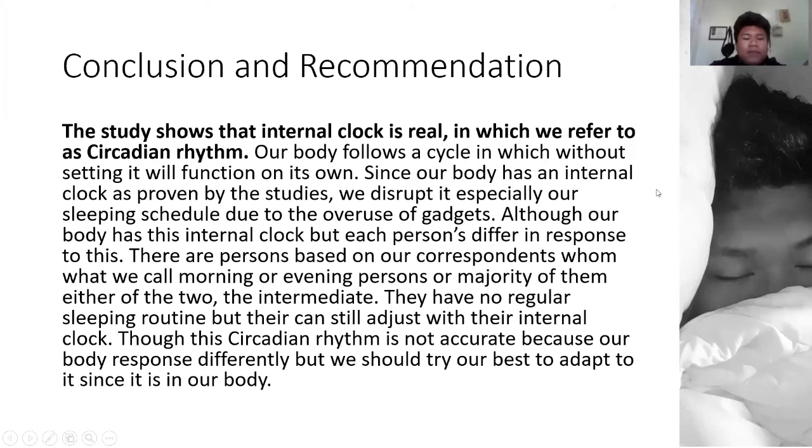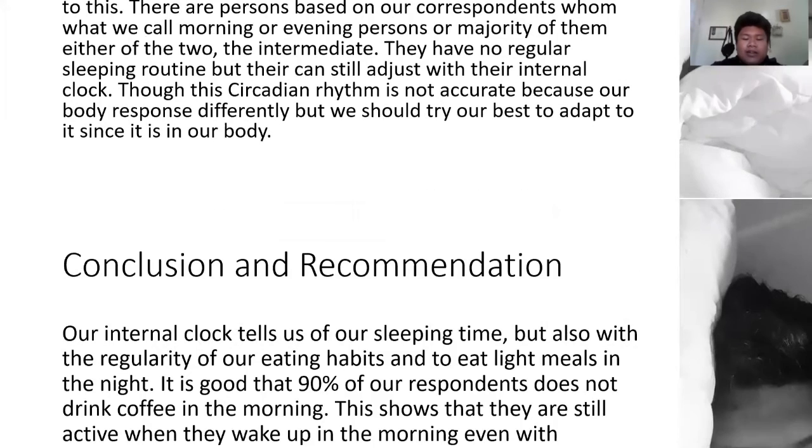Based on our correspondence, there are morning or evening persons, or the majority of them, the intermediate. They have no regular sleeping routine, but they can still adjust with their internal clock. Though this circadian rhythm is not accurate because our body responds differently, we should try our best to adapt to it since it is in our body.